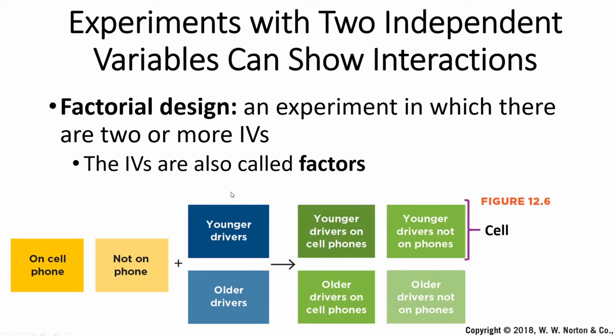But we've referred to the age of the driver here as an independent variable. And that's sort of a technicality. Things that are qualities of your participants are often called participant variables. So you can't actually manipulate the age of your drivers. They are either old or young.